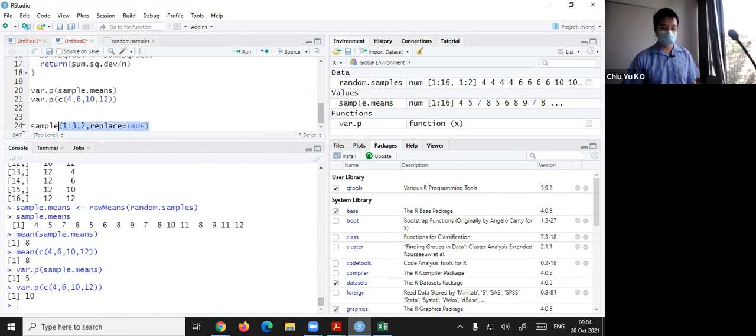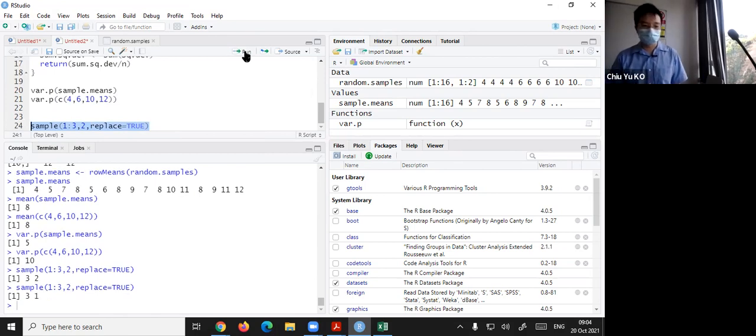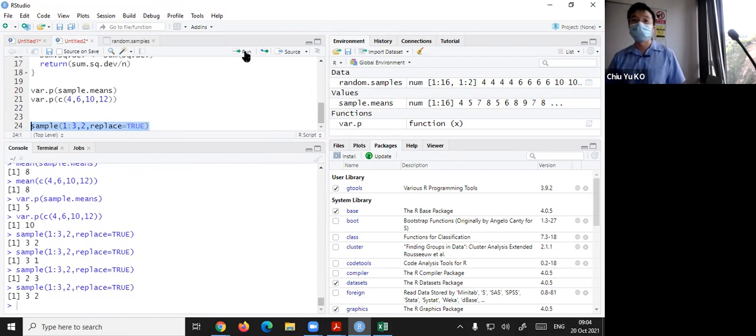So this is a vector. You draw two numbers. If I run this time, the data drawn is 3 and 2. Each time the draw is different. It can be 3, 1, and any number is possible.